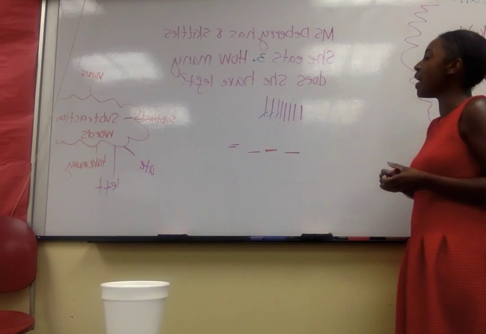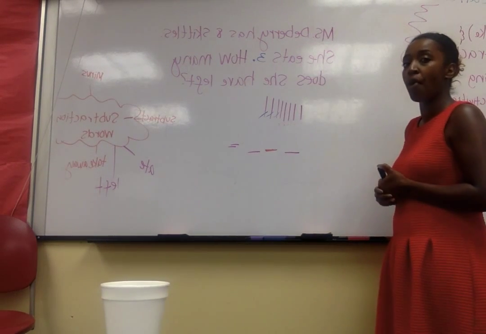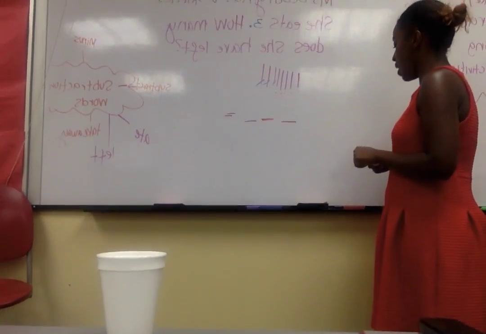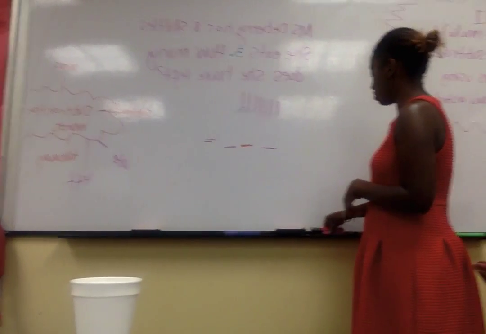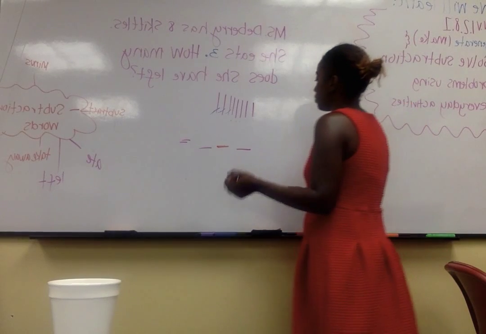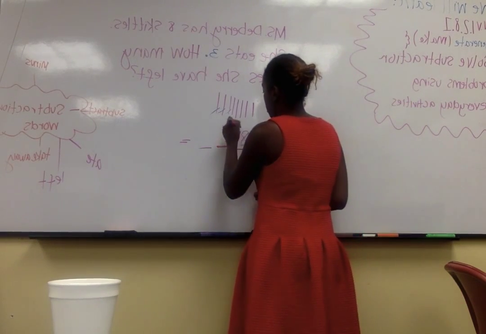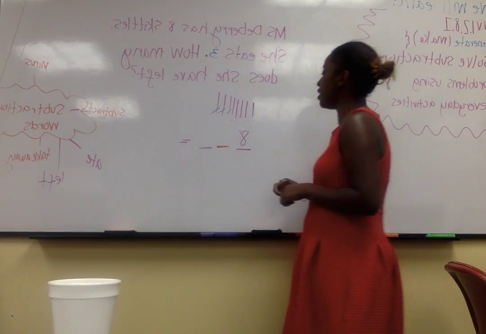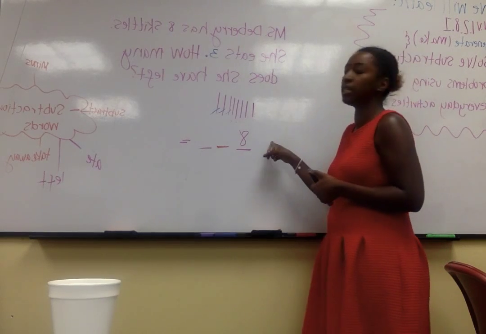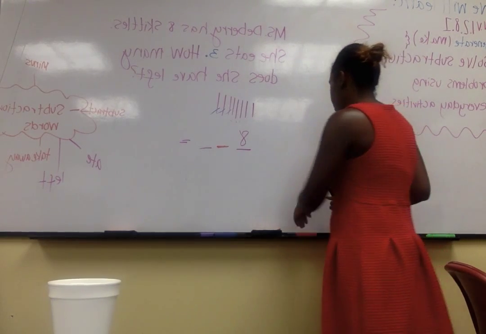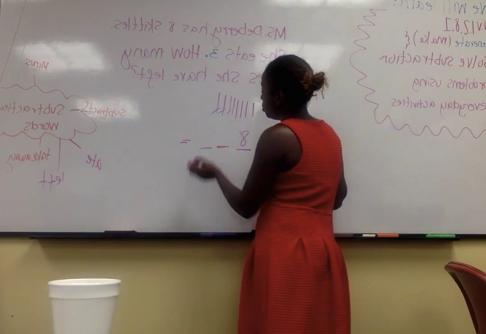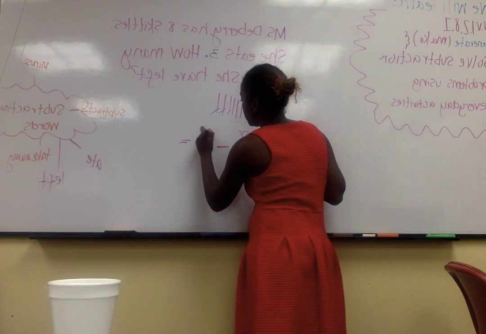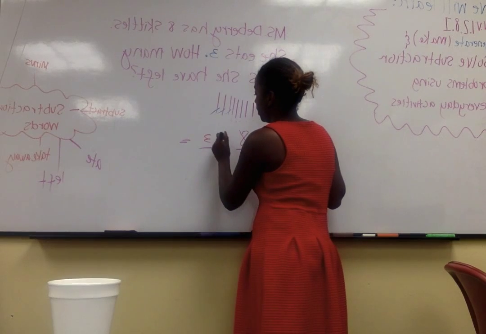So now we're going to model with numbers how much 8 subtract 3 is. So I started with 8, so I'm going to put 8 to the left of the subtraction sign. I ate 3, so I'm going to write the number 3 to the right of the subtraction sign.